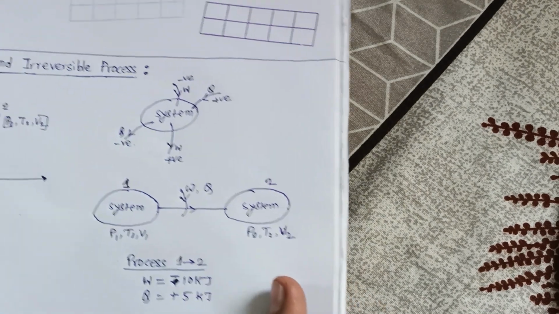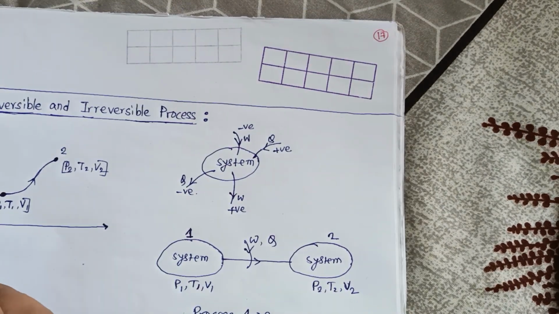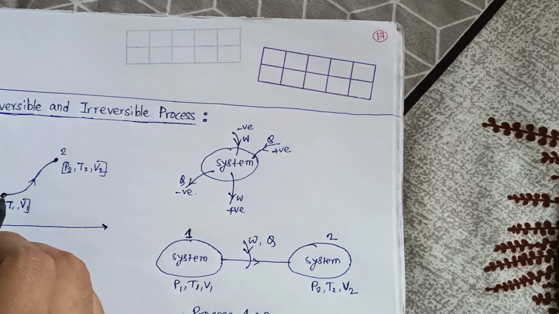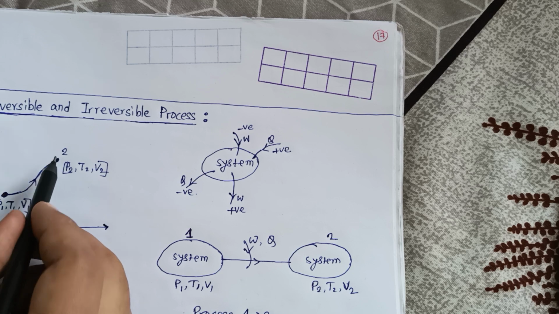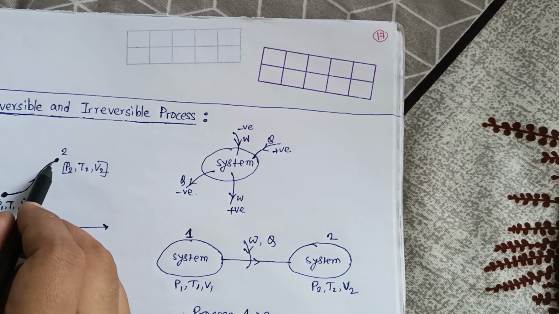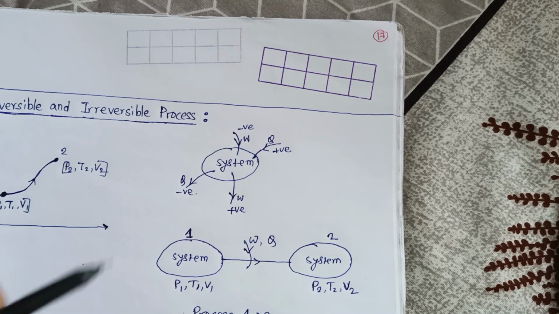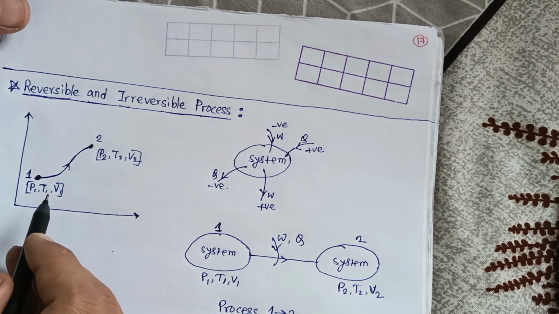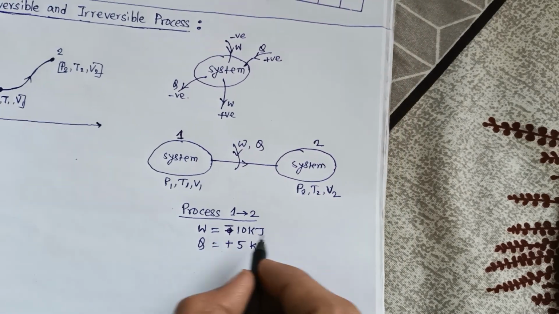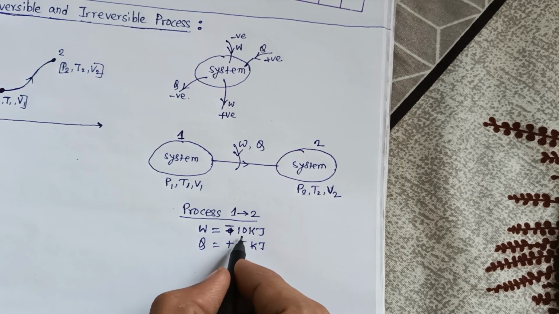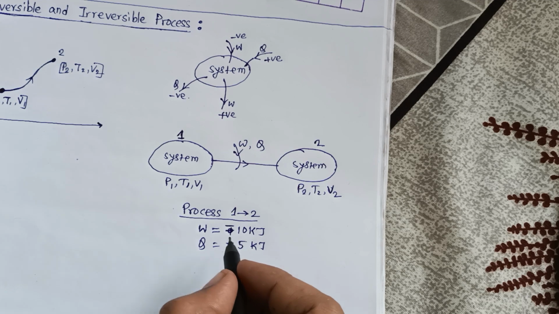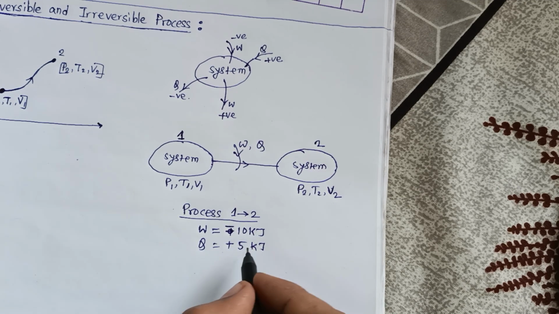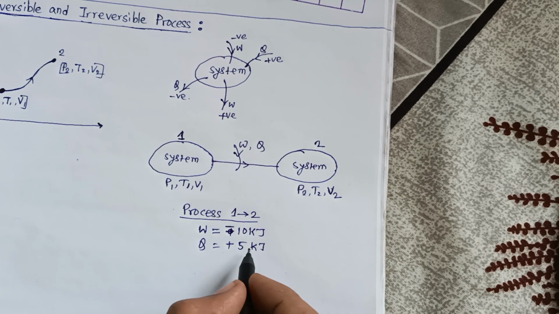Now, what is a reversible process? Reversible process means the state 1 goes to state 2, and if state 2 goes back to state 1 by following the same path, this is known as a reversible process. Here in process 1 to 2, the work interaction is minus 10 kilojoule and heat input to the system is 5 kilojoule.